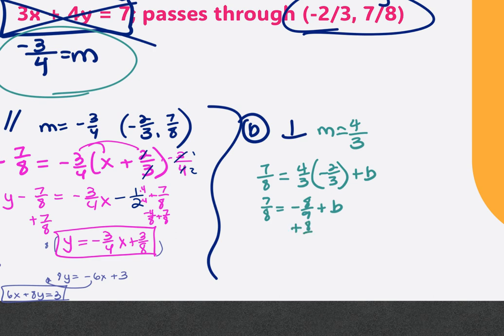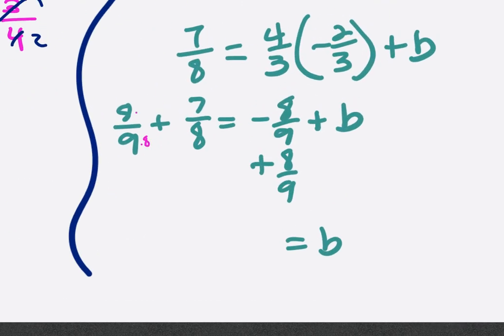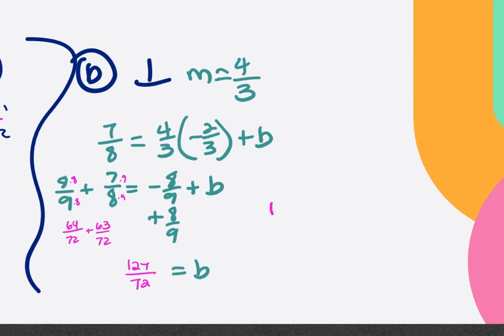And then I would add the 8/9. And I get b equals, I have to change this so they have a like denominator. So this is 63 over 72, and 64 over 72. And I get 127 over 72. So my b is 127 over 72. My m is 4/3.